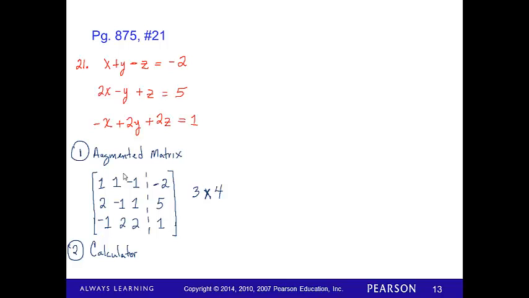This time scroll over to math, then scroll all the way down to RREF, which is row reduced echelon form. Hit enter. Now you need to get back inside the matrix menu once again. So get inside the matrix menu, and you should be inside the names. Now if you use matrix A like I did, just go ahead and press enter, and then hit enter again.